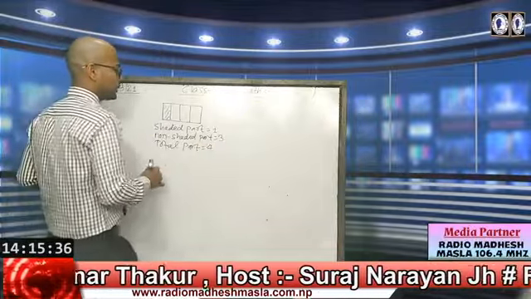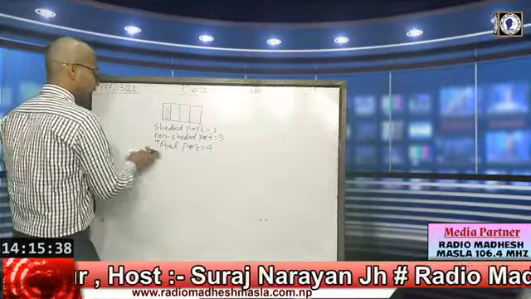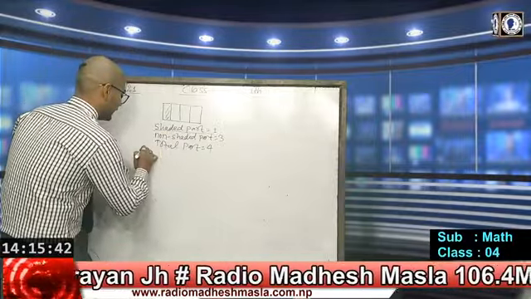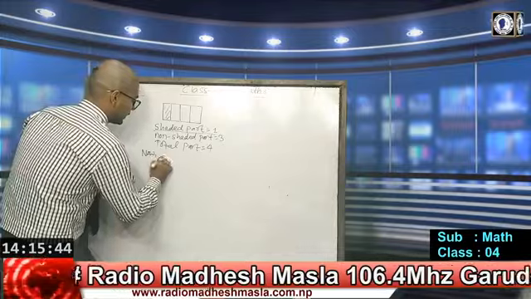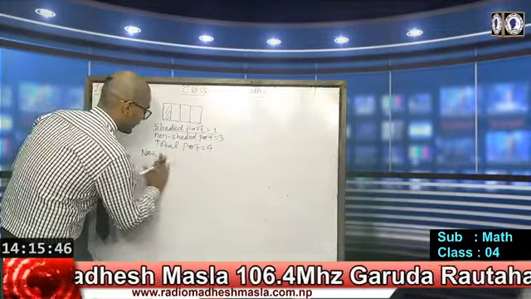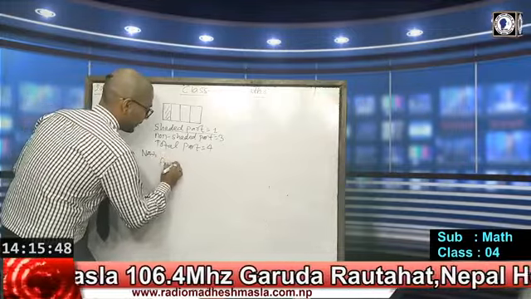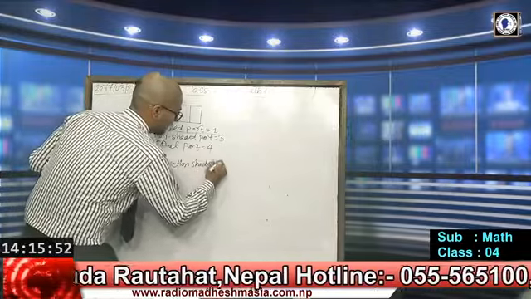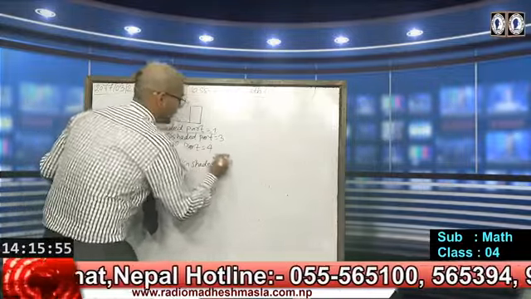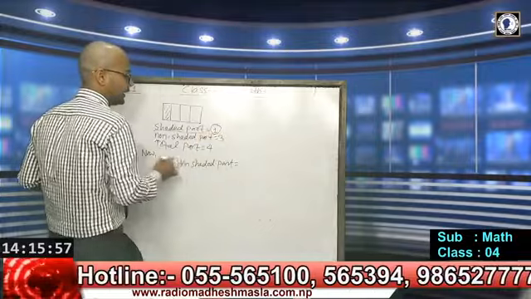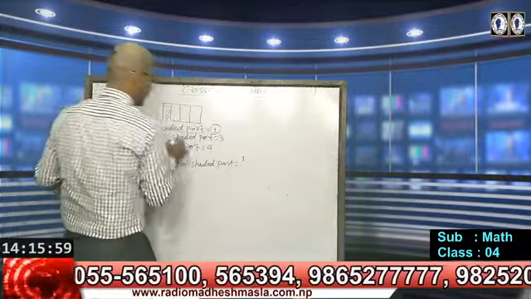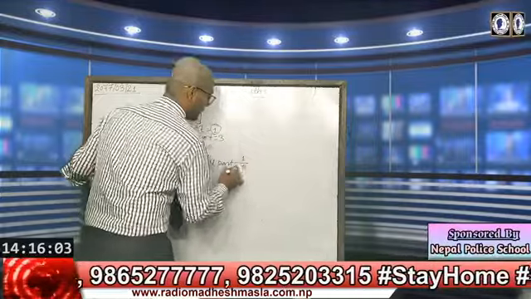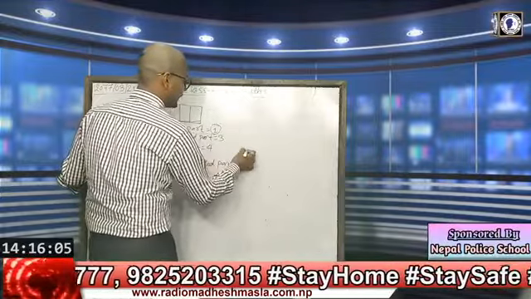If we need to write the fraction of the shaded part, we can write: fraction of shaded part equals how many parts are shaded? 1 part. And how many are there in total? 4. It means 1 by 4, because 1 has been taken.